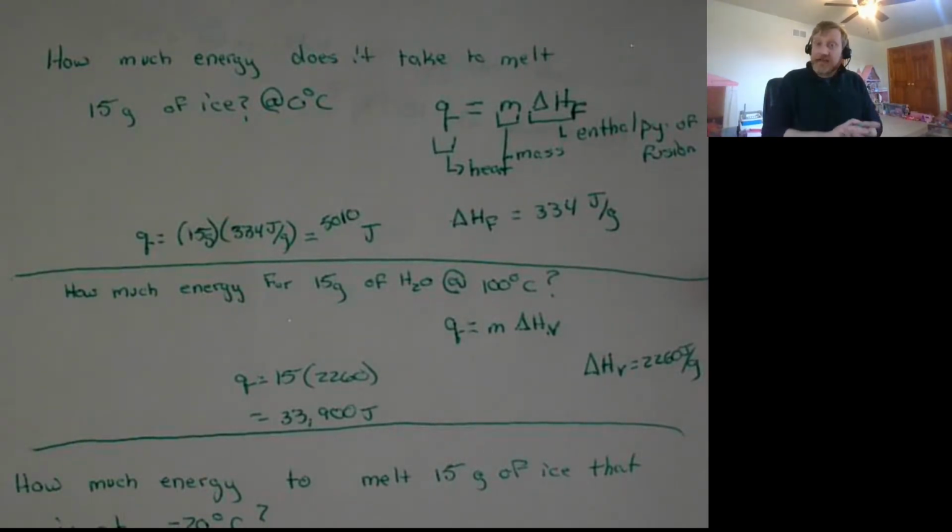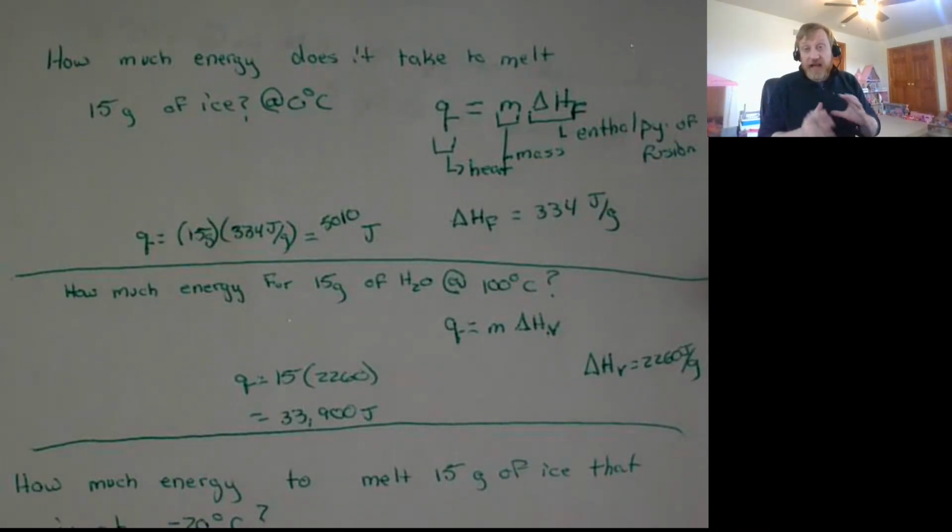If we were condensing, we would do the exact same calculation, except that it would give off this 5,010 joules instead of absorbing it. If we were condensing water from steam to liquid, we would give off this 33,900 joules instead of absorbing it.